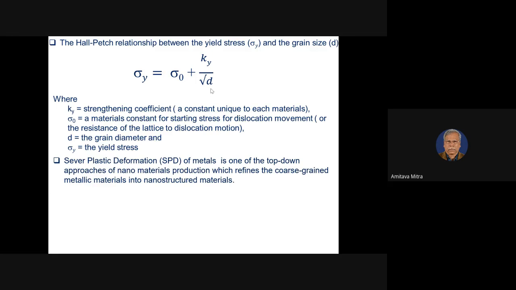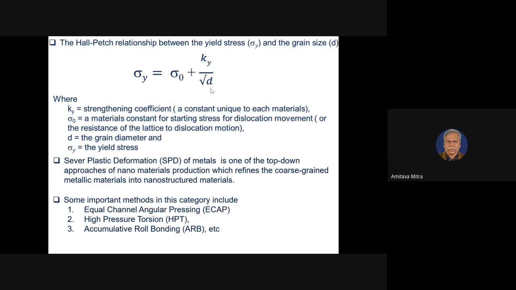It is one of the top-down approaches of nanomaterials production, which refines the coarse-grained metallic materials into nanostructured materials. But it cannot go in one stage to that. It requires various stages to go to the area of the nanostructured materials.